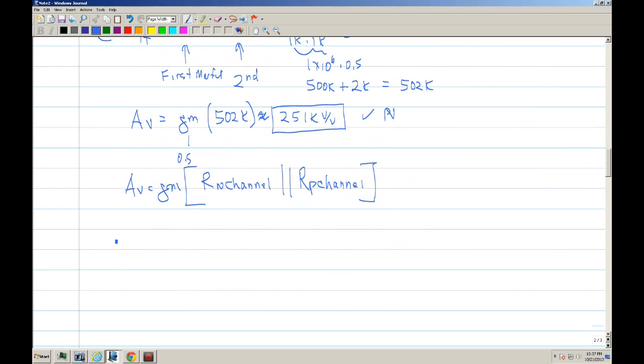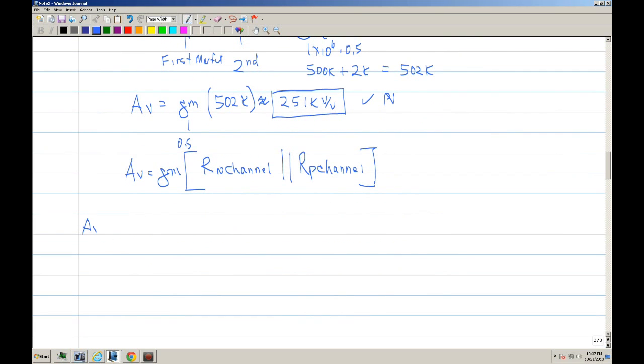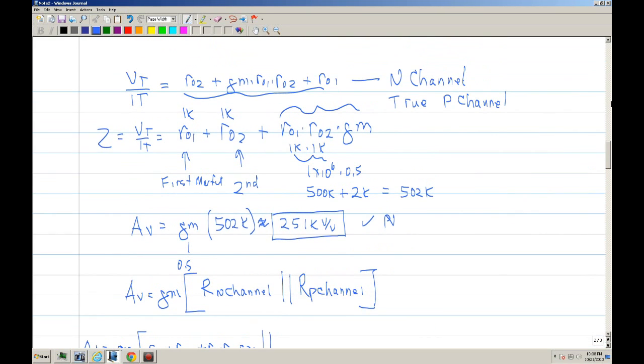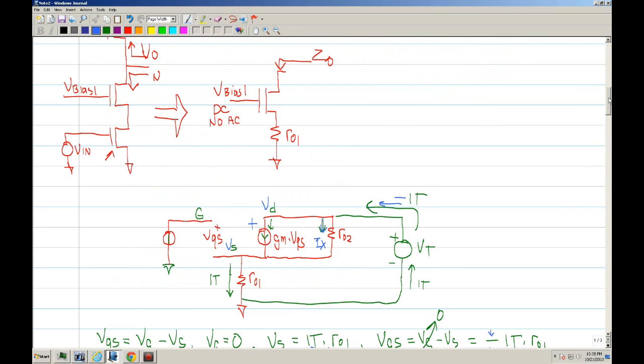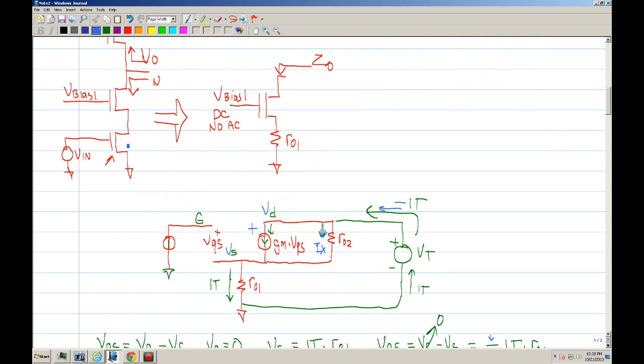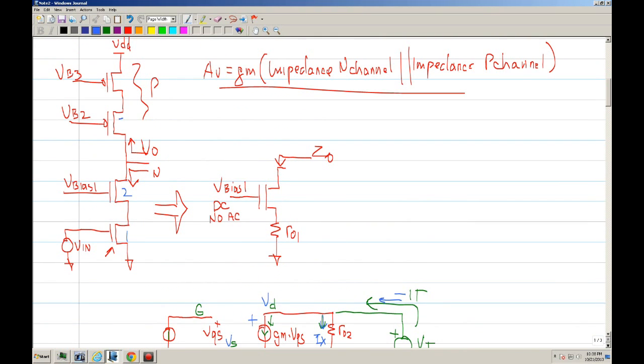Okay, so let me write it out fully. So we can say that it's R sub 1, R sub 2, and so forth, GM in parallel. And let me go ahead and say that this is 1, 2, and say this is 3, and this is 4.